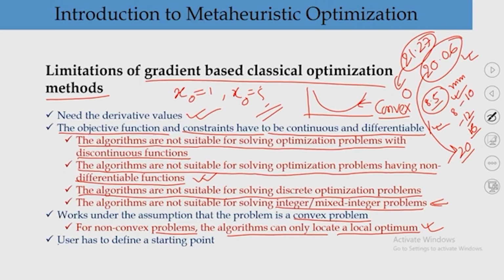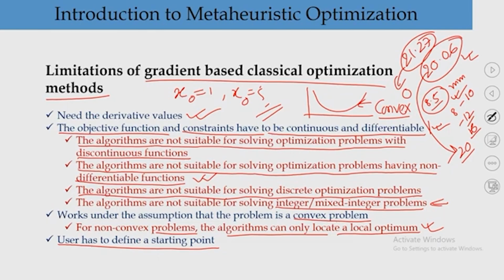Now, the user has to define a starting point. This is another limitation, because in case of a non-convex problem, you may have more than one optimal solution, and I would like to find the global optimal solution of the problem. In that case I really do not know what starting point I should take. But the user has to define a starting point here.